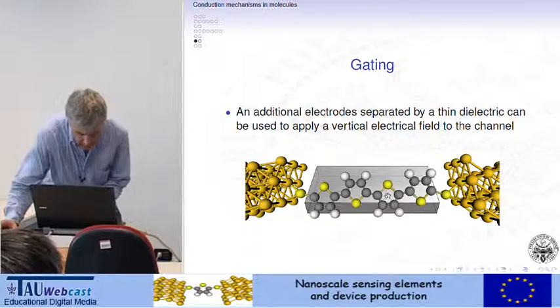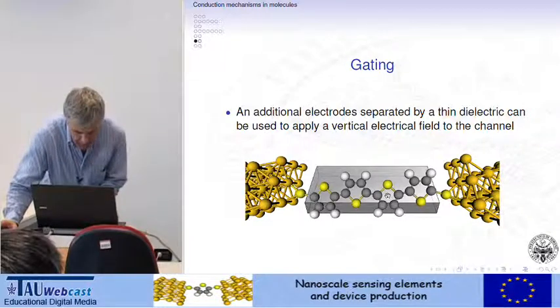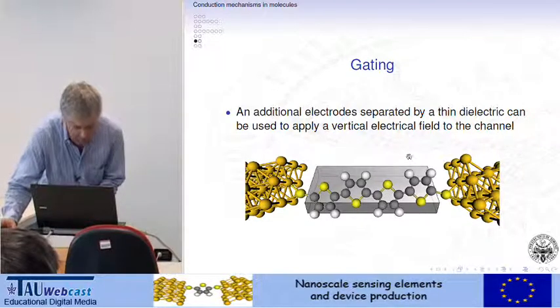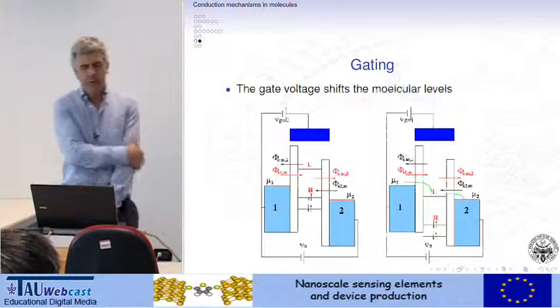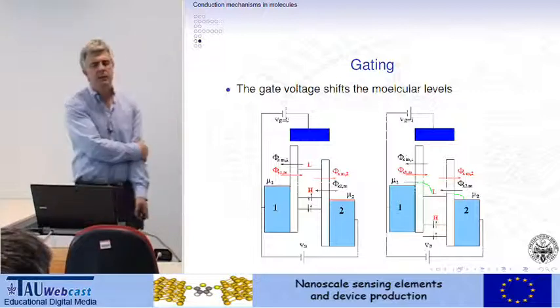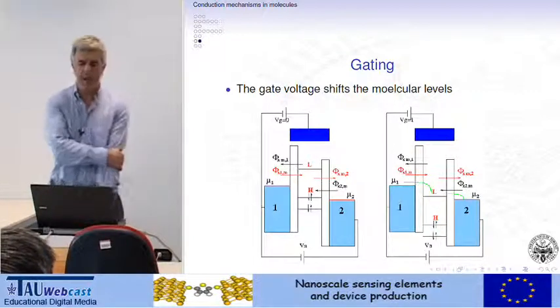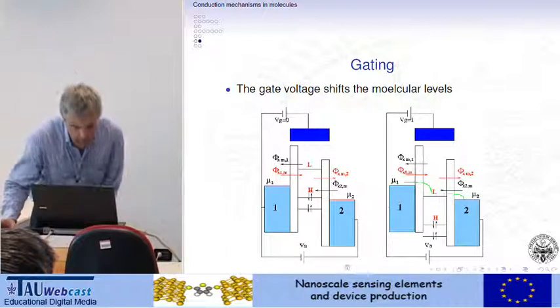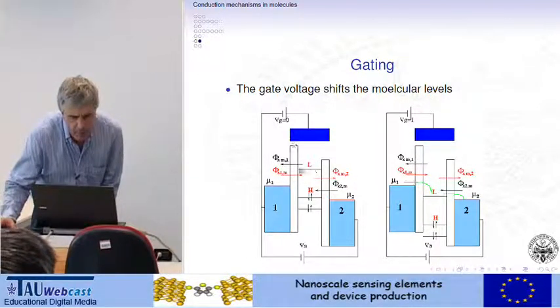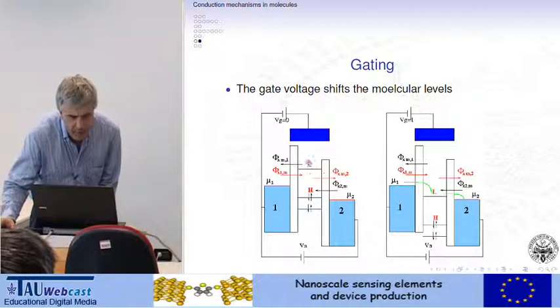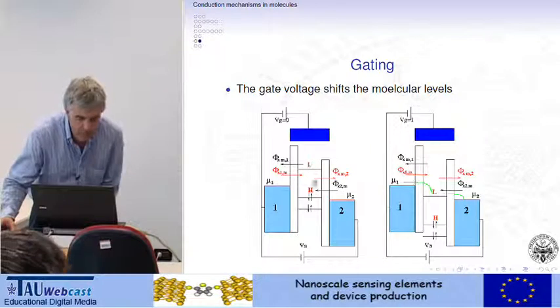We can consider a condition not completely different from that which we considered for the charging effect. On the left we have a system where the molecule level, the L level, is here, could be.